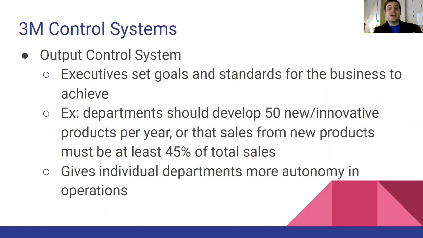Some examples include departments should develop 50 new innovative products per year, or that sales from these new innovative products must be at least 45% of total sales. And using these control systems gives the individual departments more autonomy in their operations. They simply use company goals and standards as an end goal and compare the outcome to the criteria that they were given beforehand.